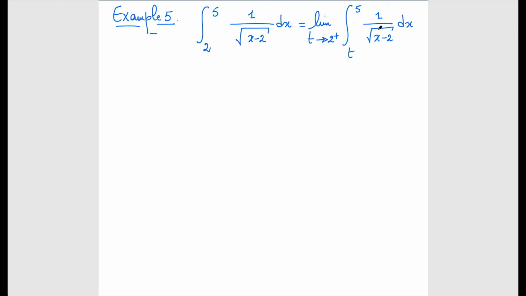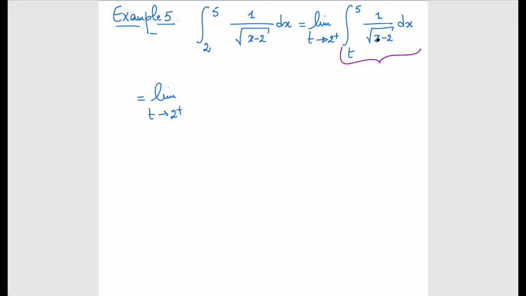Okay, and what's the integral of 1 divided by square root of x minus 2? What's that again? The primitive of 1 divided by x minus 2 to the power half, which, if you want to take it upstairs, is x minus 2 to the power negative half.